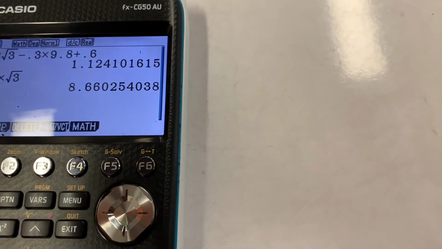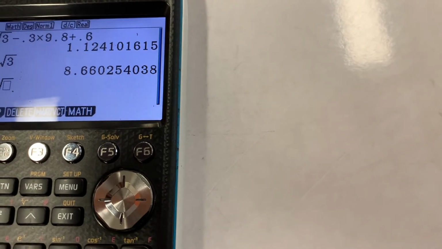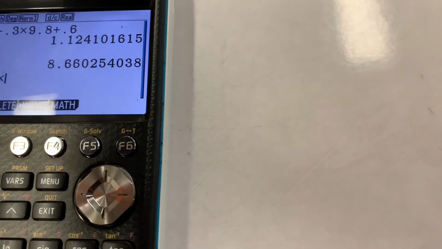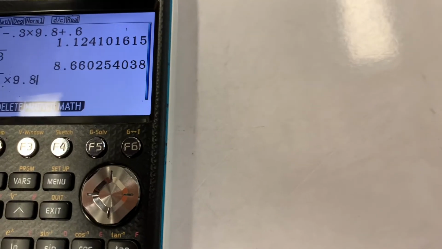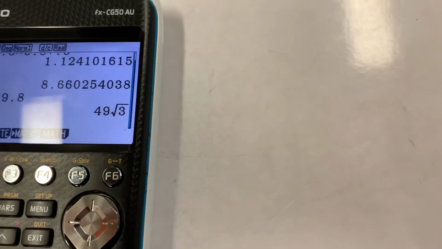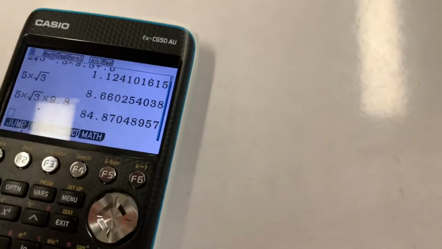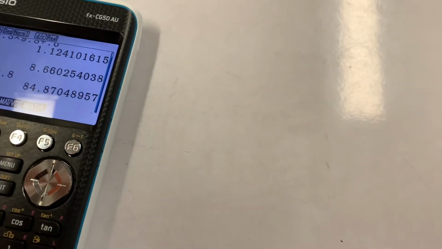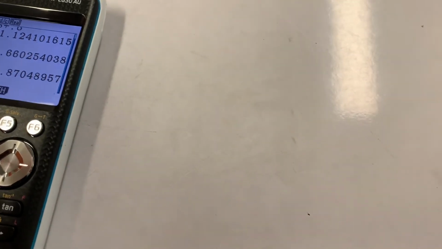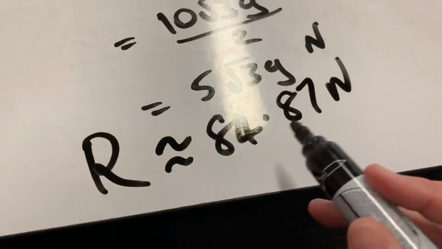That'll be 5 times square root 3 times 9.8, 49 root 3, which is approximately 84.87 newtons. So R is approximately 84.87 newtons.